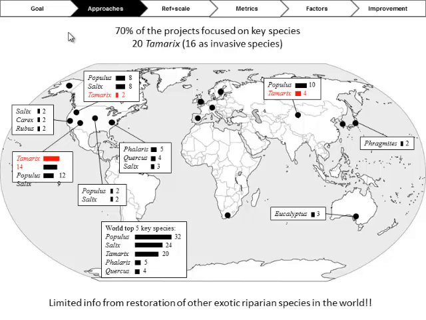But the third species most commonly assessed in the context of evaluation of success in restoration projects is Tamarix, with 16 of them in North America and 4 in the natural environment in China. So these are good and bad news.